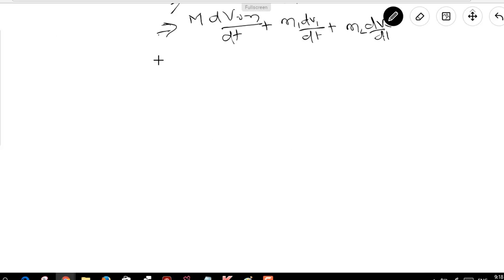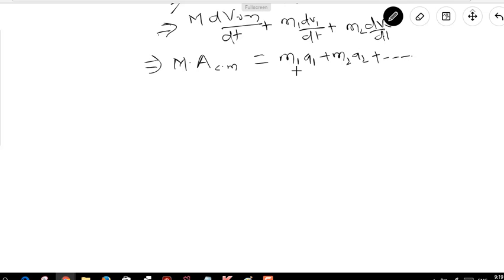So this one we can also write as M into capital A, which is the acceleration of the center of mass. Then this side will become M1 A1 plus M2 A2 plus so on.